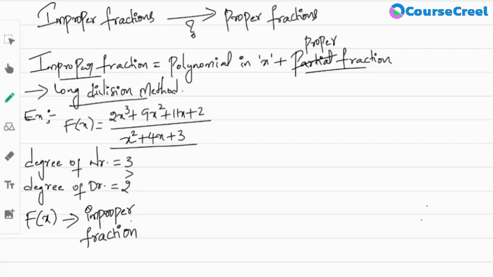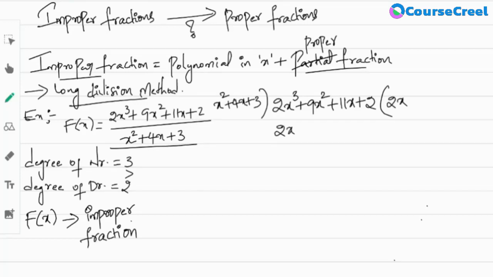So now, by using the long division method, we are going to convert this given improper fraction to a proper fraction. So divide 2x cube plus 9x square plus 11x plus 2 by the divisor x square plus 4x plus 3. So x square into 2x is equal to 2x cube, plus 4x into 2x is 8x square plus 6x.